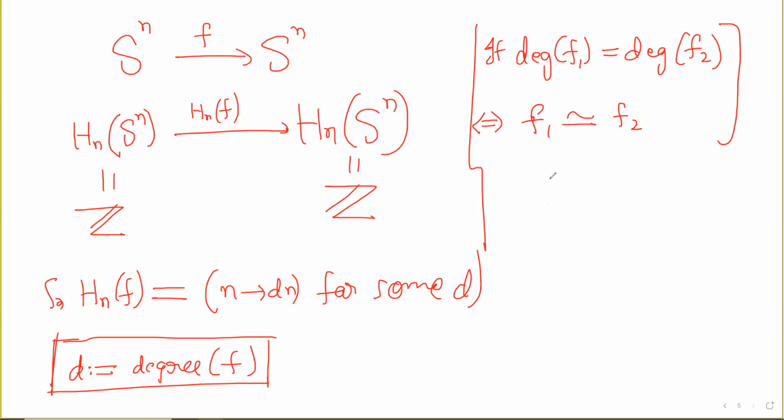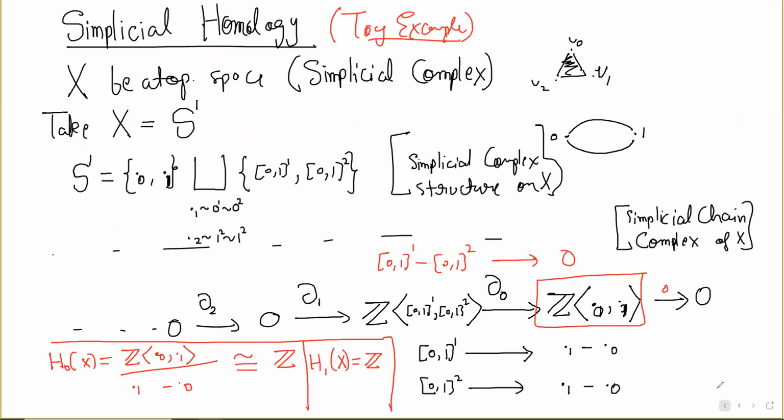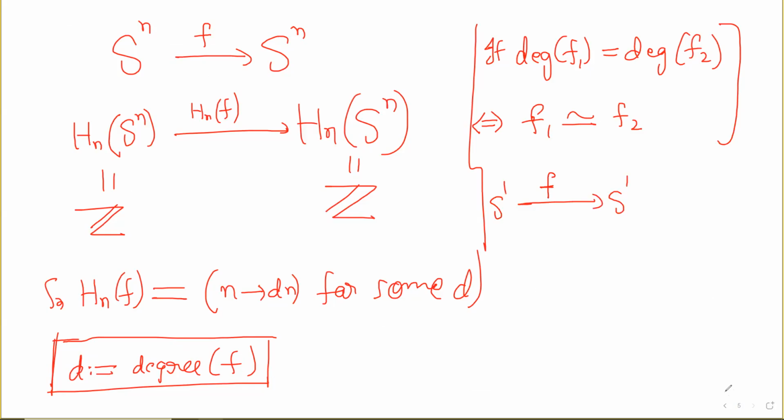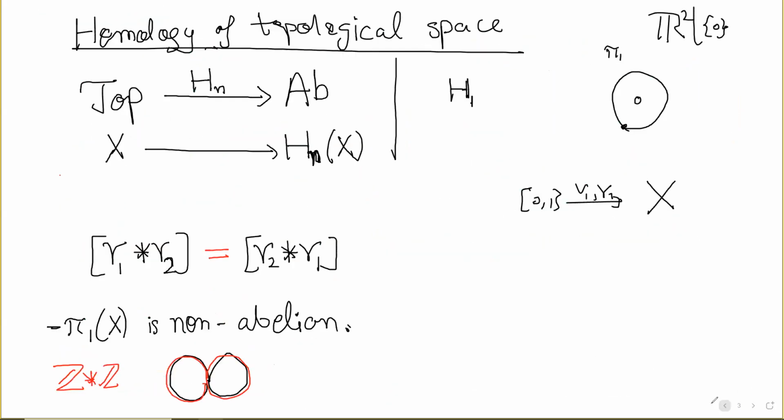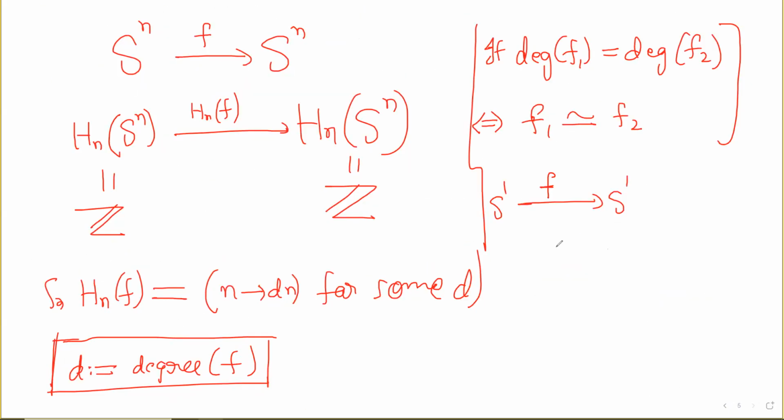Now if you take the map f from S1 to S1, you can answer the question using these assumptions. But you don't know how to compute the induced map between the homologies. Computing the map between the homologies is not difficult, but we'll not do that now. So we have HnF and you have Hn of minus f.